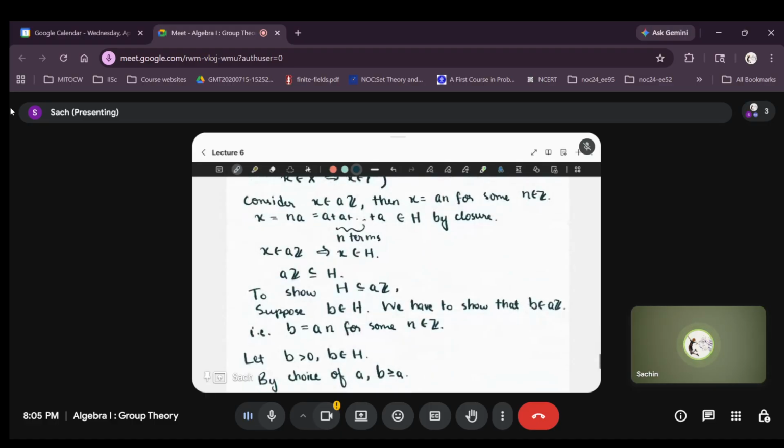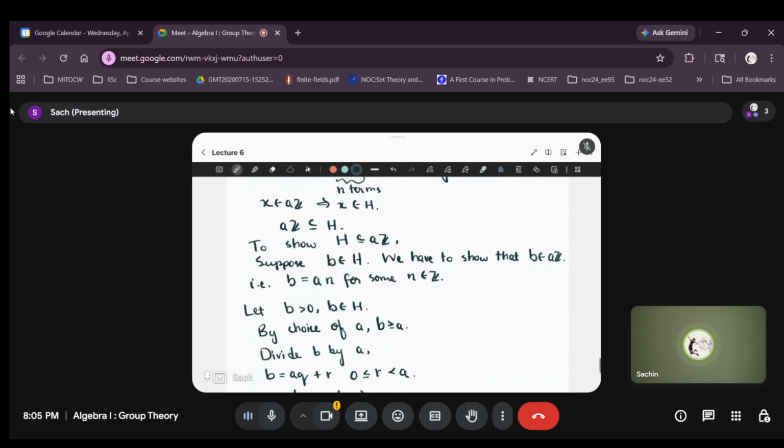To show that H is a subset of AZ, I took an arbitrary element in H. I called it B. Say initially for case 1, let B be a positive number.